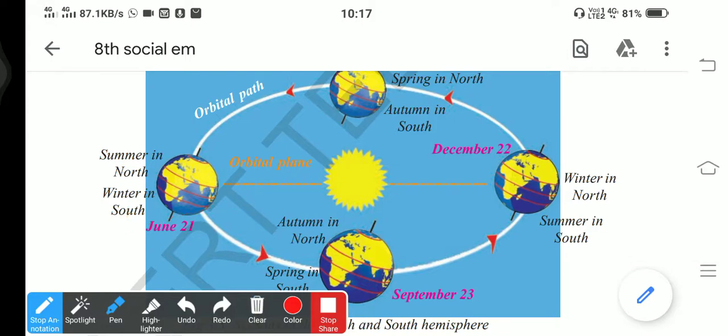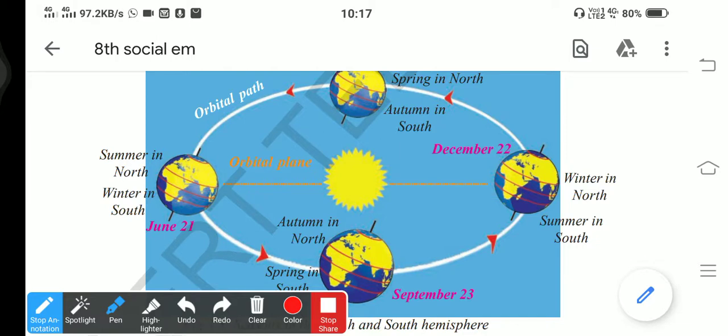So the seasons are different here, right? When the northern hemisphere gets summer, there will be winter in the southern hemisphere. That is on June 21st. When it comes to December 22nd, dear students, what do you see? Sun rays fall vertically on the Tropic of Capricorn.